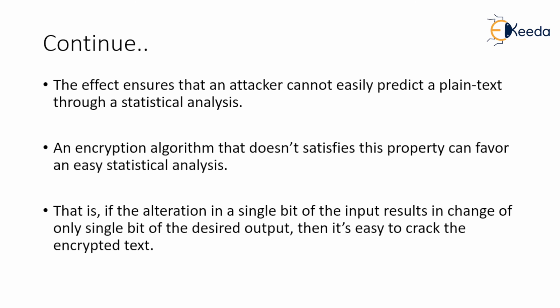It is understood that if I change one single bit of input in my plain text, and because of that single change I can directly work out what change has happened in my ciphertext, then it is easy to crack your encrypted text.